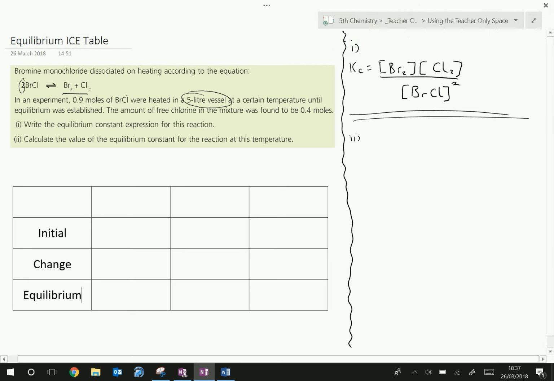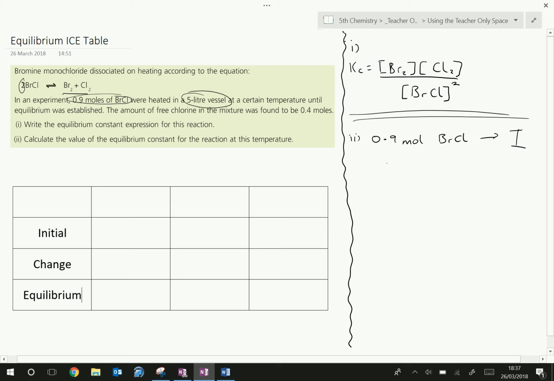So my BrCl to begin with, this 0.9 moles of BrCl, is in 5 litres, and that's also initial, at the beginning of the experiment.